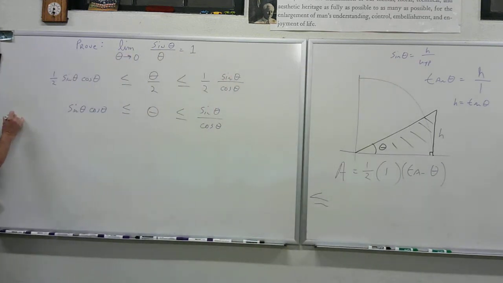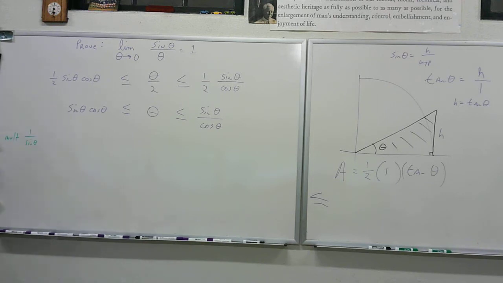I'm going to divide by sine theta. Or I'm going to multiply by 1 over sine theta. Okay? That sounds more mathy and collegey. Put multiply by 1 over sine theta.